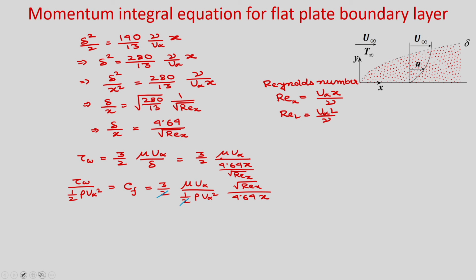Now, you will get 3 by 4.64, and here it will be just u infinity x, and mu by rho is nu. So, you can see this is your 3 by 4.64, this is your 1 by Re x and this is your root Re x.